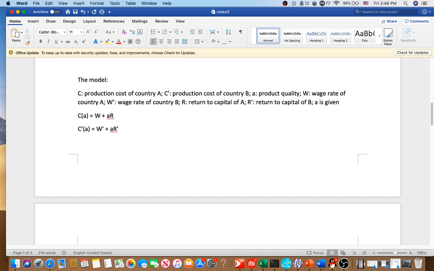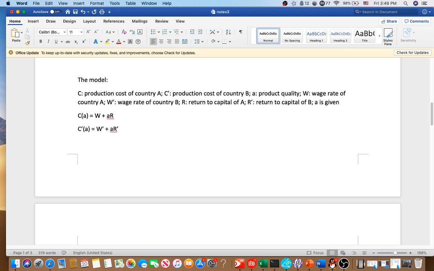A is the character to denote the product quality, and W is the wage rate of country A. W prime is the wage rate of country B. R is the return to capital, or the capital's price in country A, and R prime is the capital's price in country B.